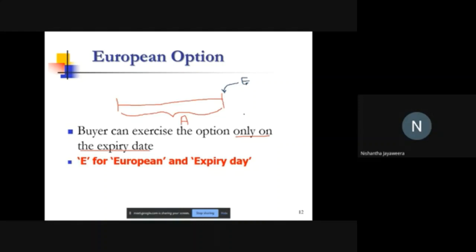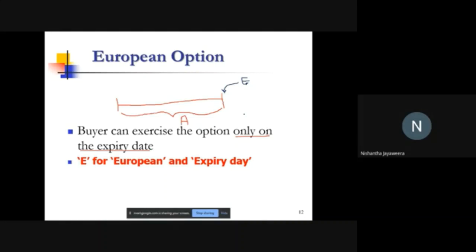So in summary, an option gives the right to the buyer, but no obligation. The option seller has the obligation. Then we divide options into two categories depending on the right the buyer gets: call option and put option. In the call option, the buyer gets the right to buy the underlying. In the put option, the buyer gets the right to sell the underlying.